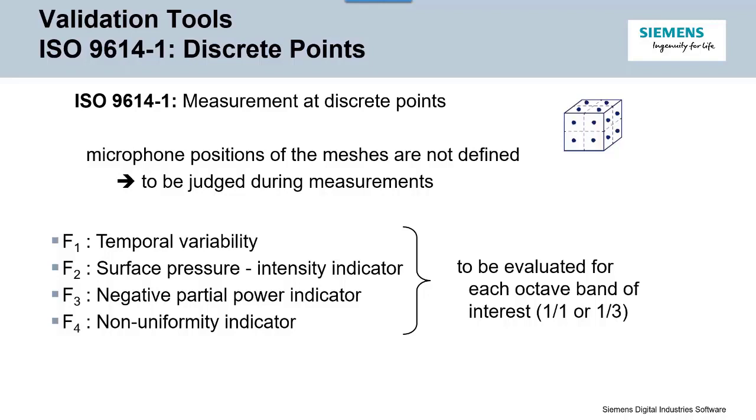If you have a source and you are measuring around it, what should be the dimension of the imaginary surface area that you are going to measure? Those will come as a result of doing these quality checks with the validation tools. Within Test.Lab, there is an implementation to help you determine that.